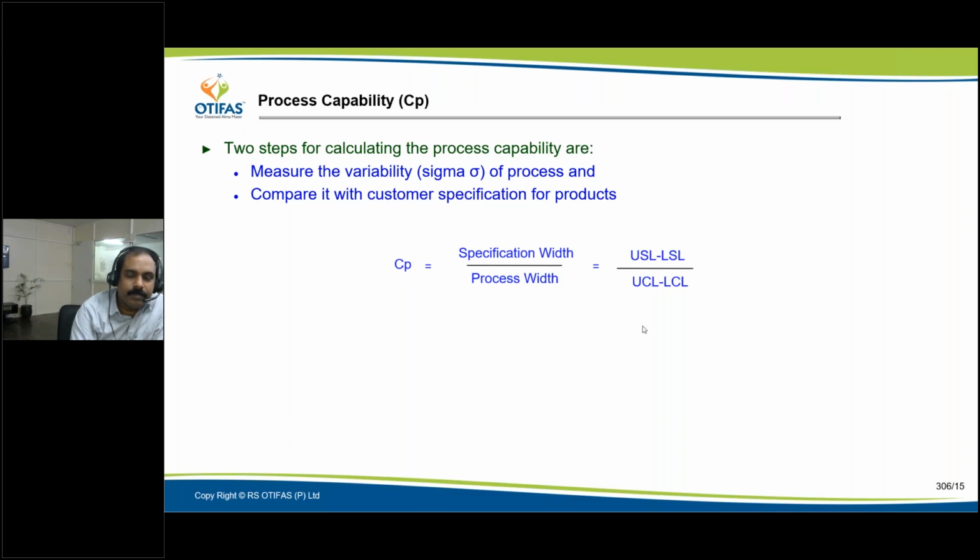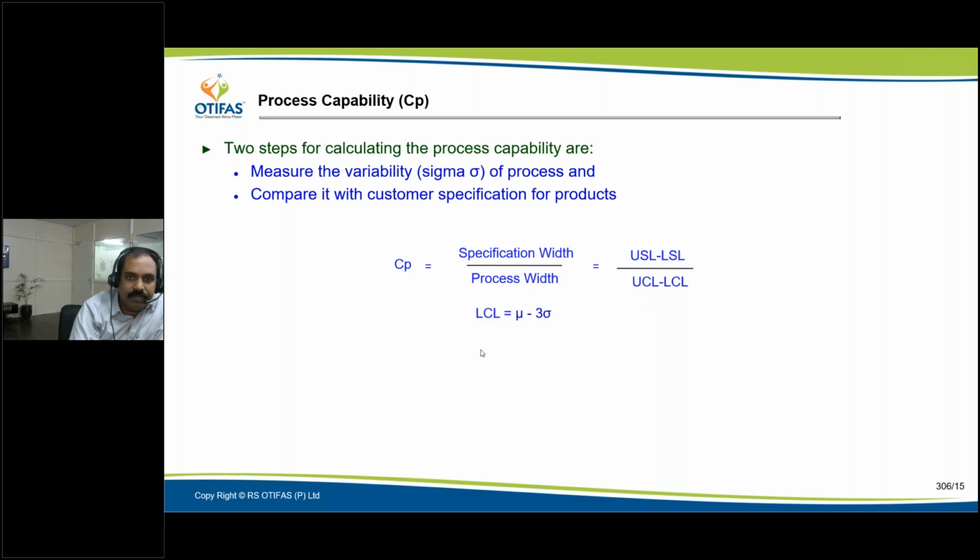Control limits. What is UCL? Mean plus 3 sigma, isn't it? And LCL is mean minus 3 sigma. That means UCL is mean plus 3 standard deviations and LCL is mean minus 3 standard deviations.